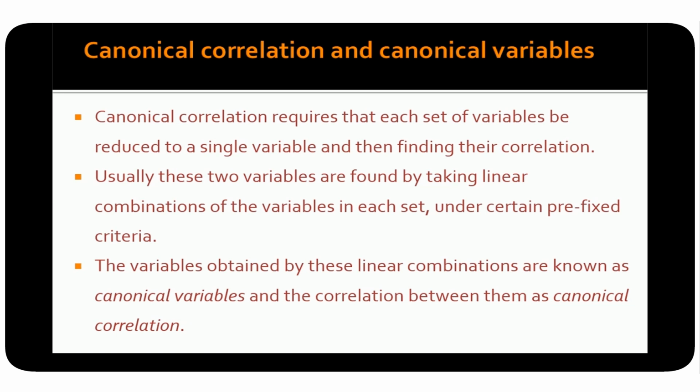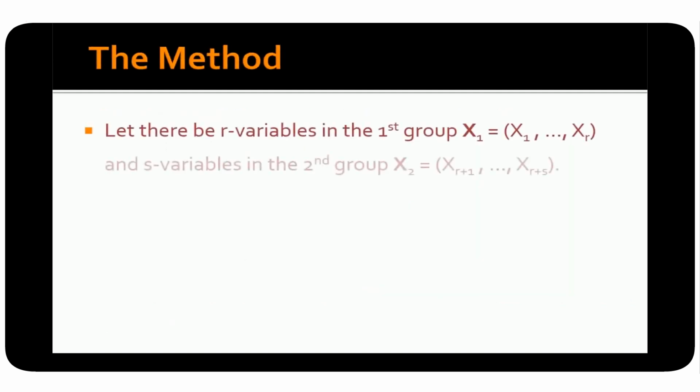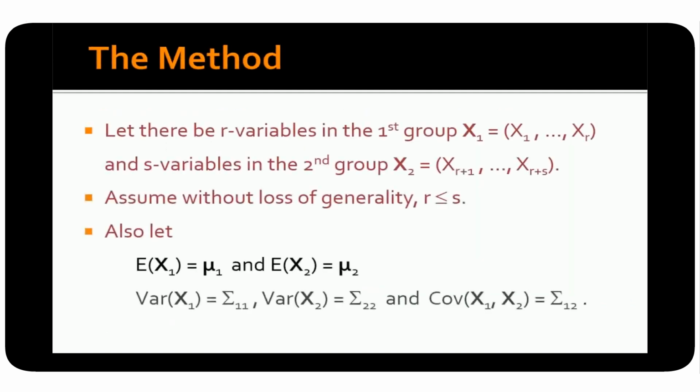To look at that, let us start by defining certain variables. Let us put this mathematically. Suppose we have two groups of variables, the first group having R variables, and we put them in the random vector x1. The second group has S variables and we put them in a random vector x2.